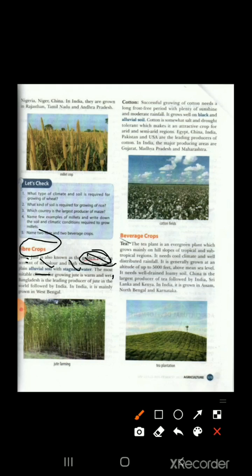It is mainly grown in river valleys and deltas, because the soil is fertile near river valleys.